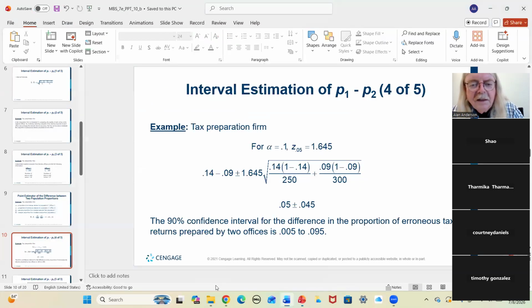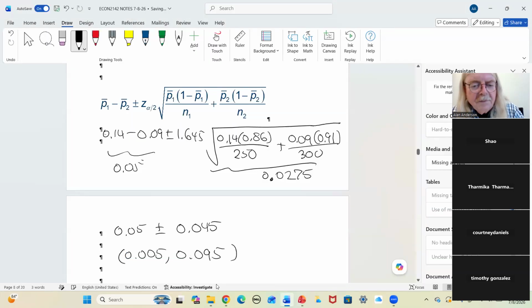Right, so yeah, and that's what they got. Beautiful.